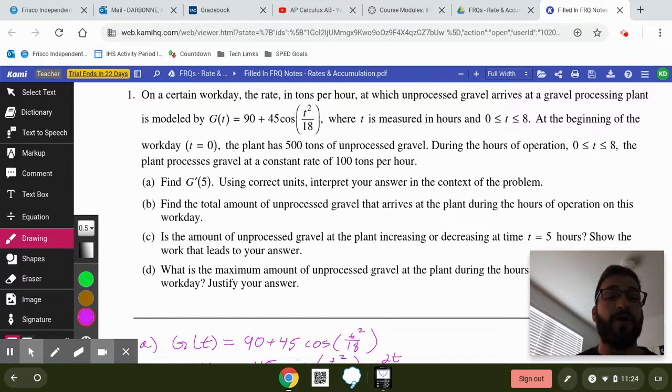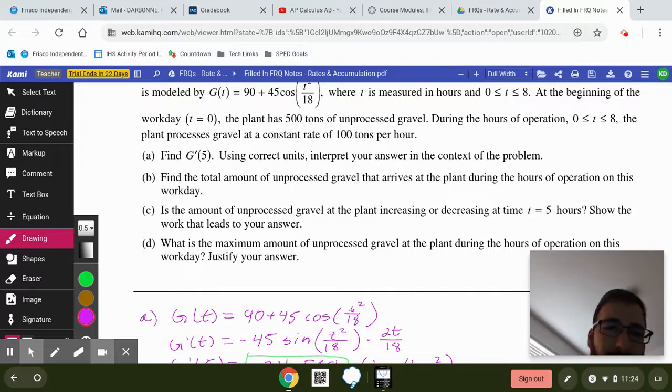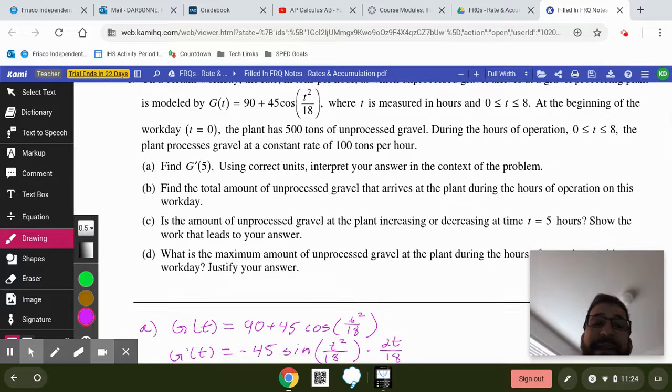To get an idea of just how much gravel there is at any point in time on the workday, which is a little bit different than B, because B was just asking how much arrived. D is now asking how much is there at any point in time. So we have to account for how much is arriving, how much is leaving, and how much was there at the beginning of the day. We have to account for everything.